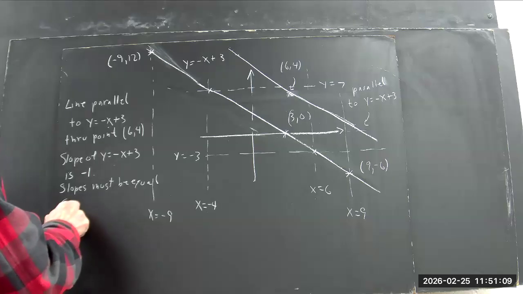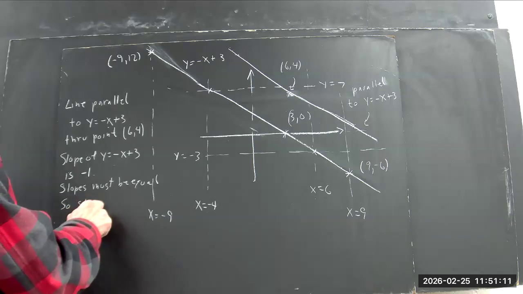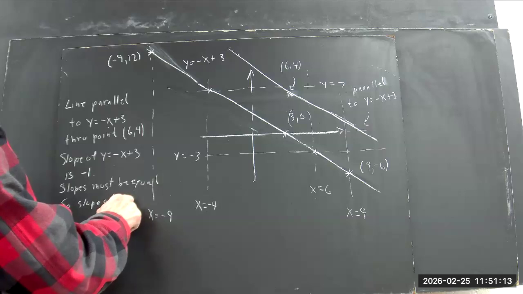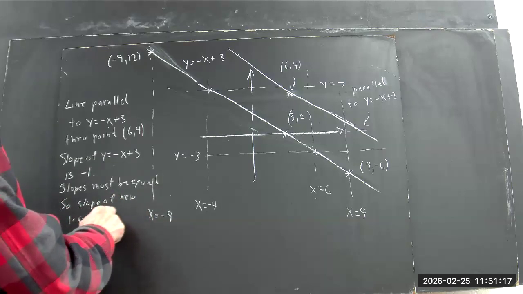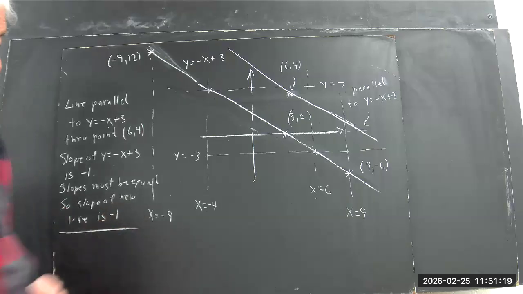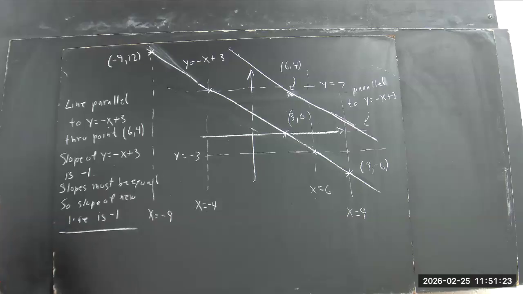Slopes must be equal. The slope of the new line is negative 1.